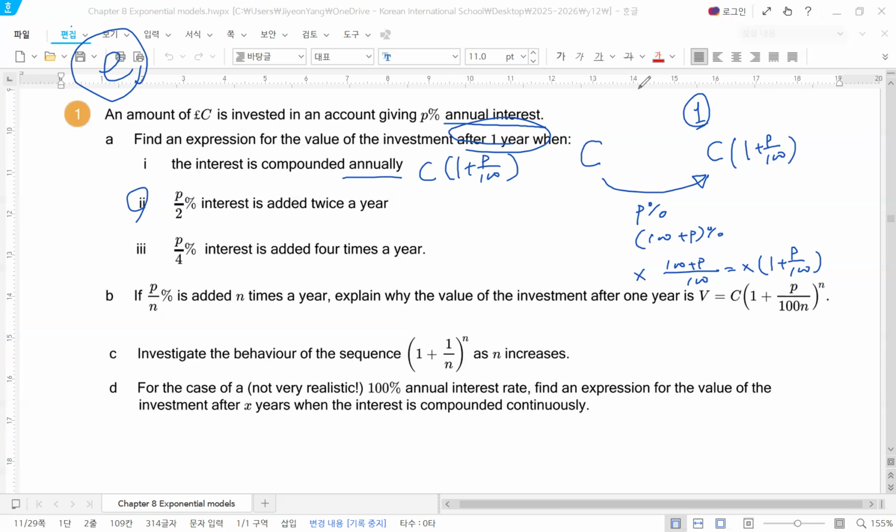So C star is going to be C times 1 plus P over 200. Again, since it's the same process, the multiplier is going to be the same. So the total money that you can get at the end of this year is going to be C times 1 plus P over 200, and then square. Okay, that is the answer 2.